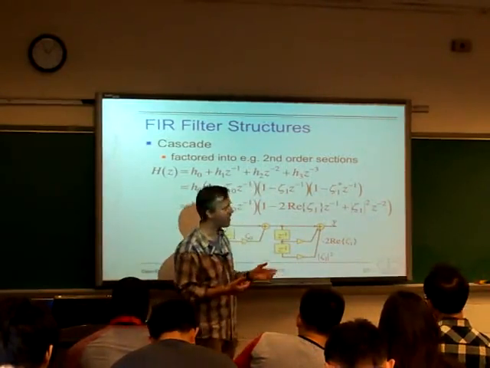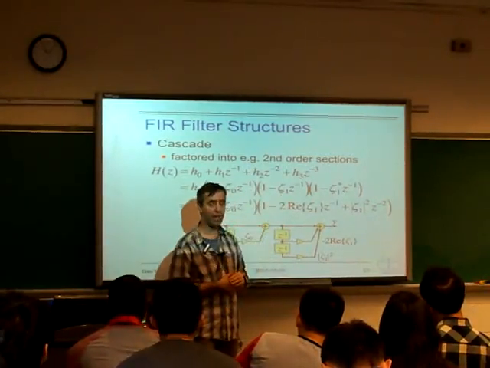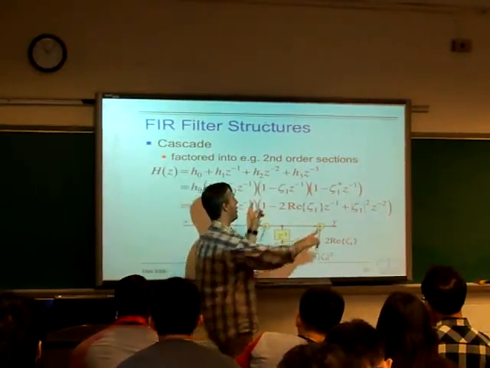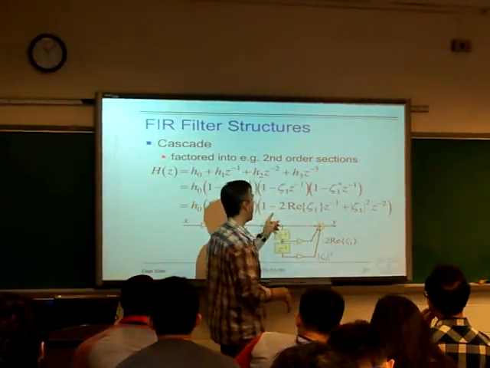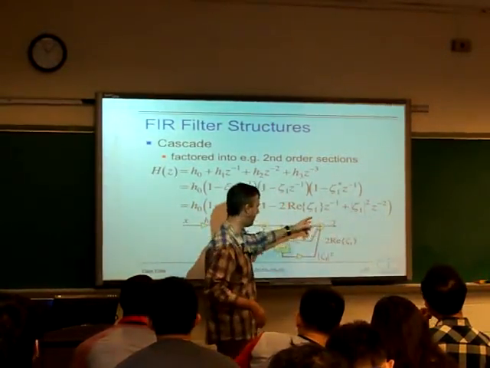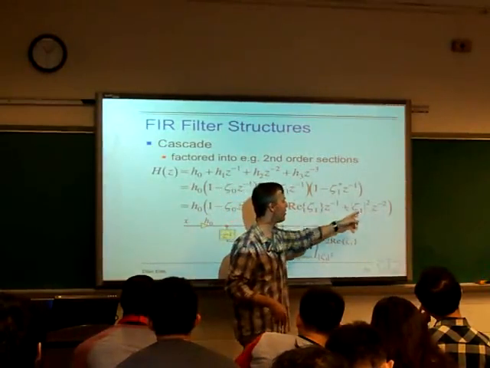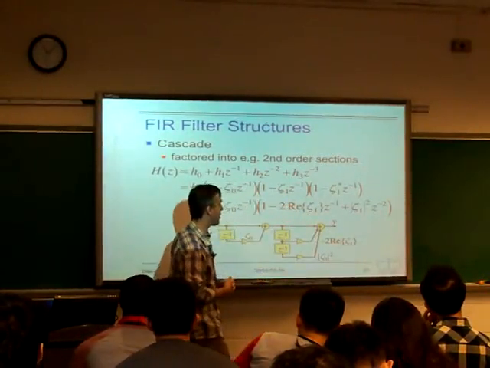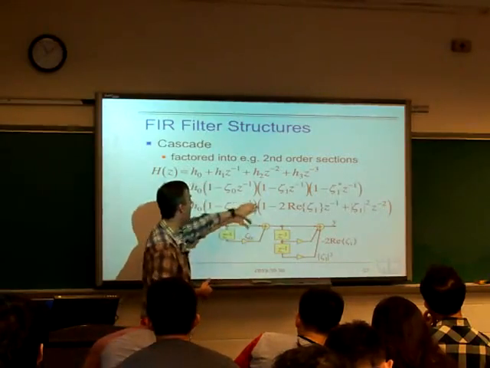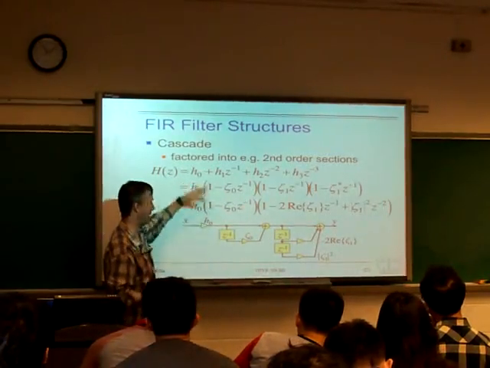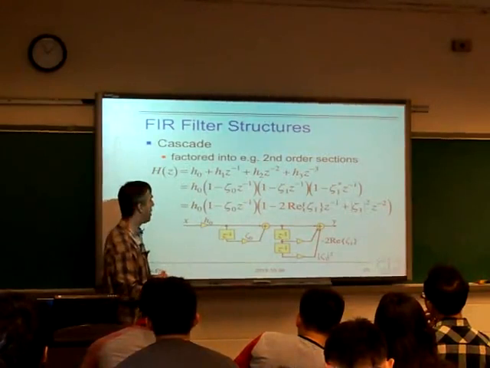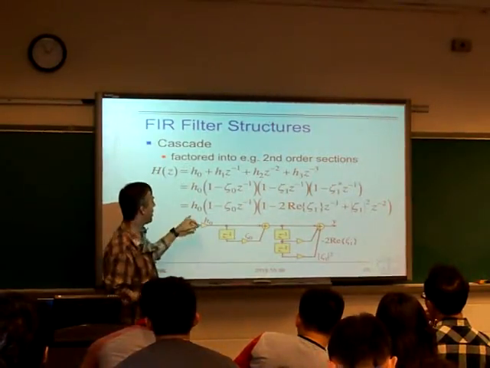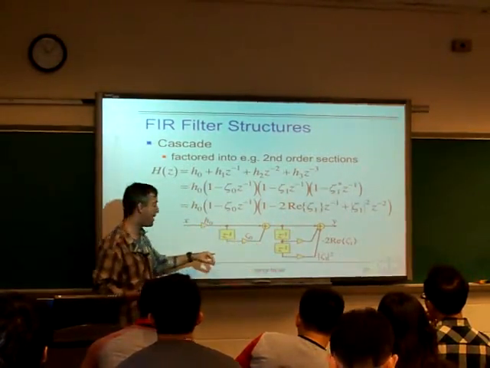That wouldn't be so great, because then we'd actually have to have complex coefficients in here. But if we combine these two together to get a single second-order system like this, then we know that these second-order term coefficients are going to be real if the overall system response is real. And so that factorization, which is just a way of writing that down in terms of its roots, corresponds to this implementation.